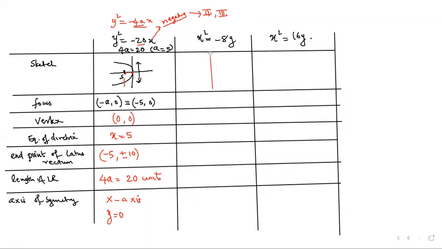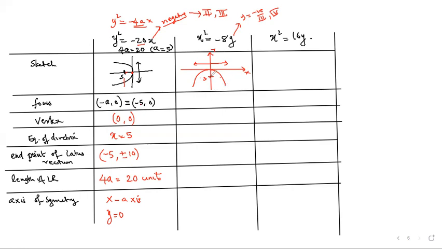Next one will be like this. X square equal to minus 8y. So y is negative. Y negative in third and fourth quadrant. So parabola will be like this. So the focus will be here. Directrix will be here. X-axis, y-axis.